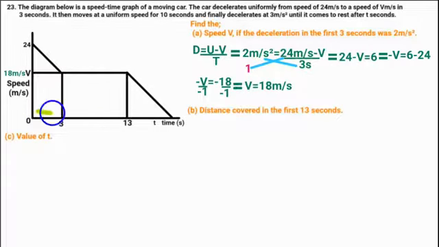When we focus on the triangle in the first formula, we know that the base is equal to 3, but for the height we have 24 and 18. So we're going to find the difference of 24 and 18. The difference is the height of the triangle.